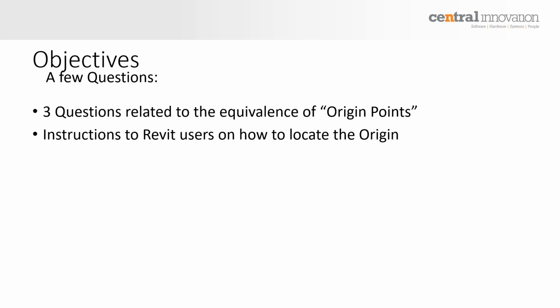I'll try not to actually provide instructions on how to do that, since there are a few other factors that may get in the way on how to set that up. But we can certainly clarify how the different origin points, both in the IFC files and inside Archicad, will relate to those different points inside Revit.